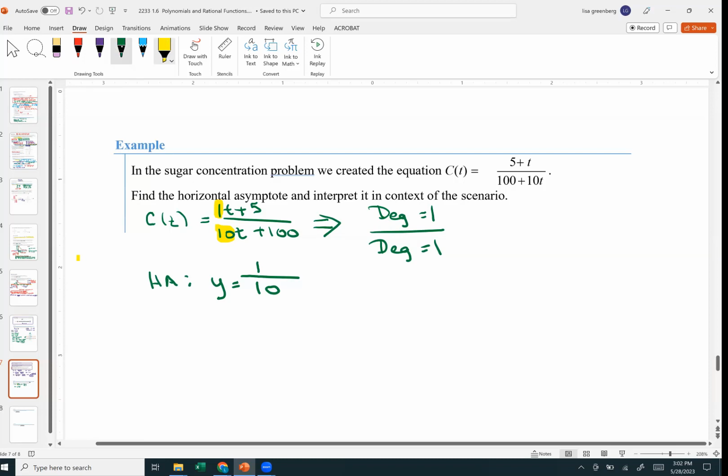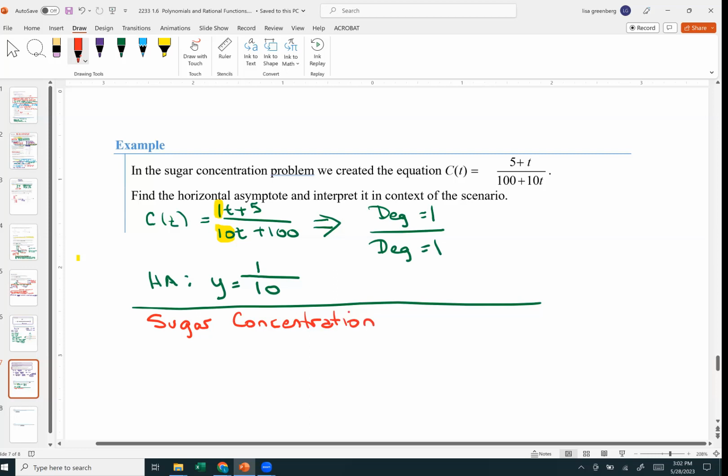So we've found the horizontal asymptote and now interpret it in the context of the scenario. Well, this says that the sugar concentration as time gets larger and larger, approaches one-tenth.